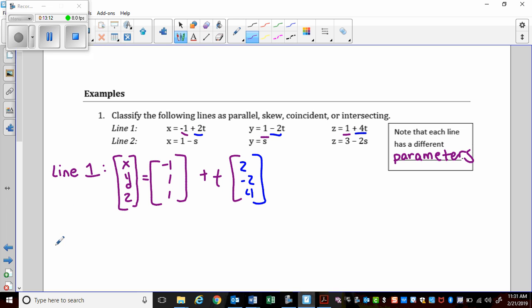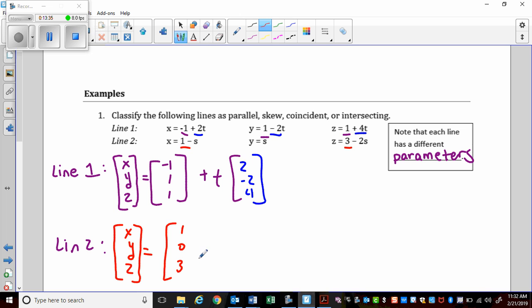Let's do the same for line 2. It's still going to be x, y, z, 3 dimensions, equals 1. Ooh, this one doesn't have an initial point, so it's 0, and then 3. 1, 0, 3.